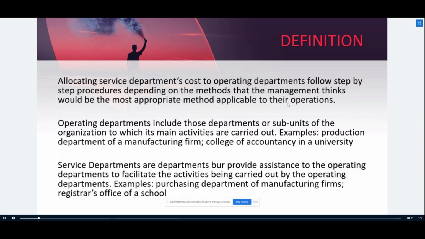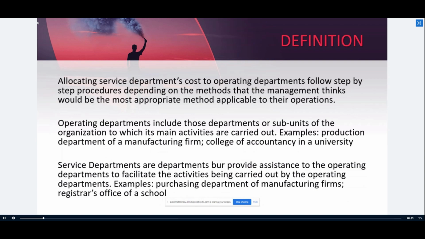But in order for you to understand more what this service department cost is, let's give an example. Let's say the manufacture of teddy bears.